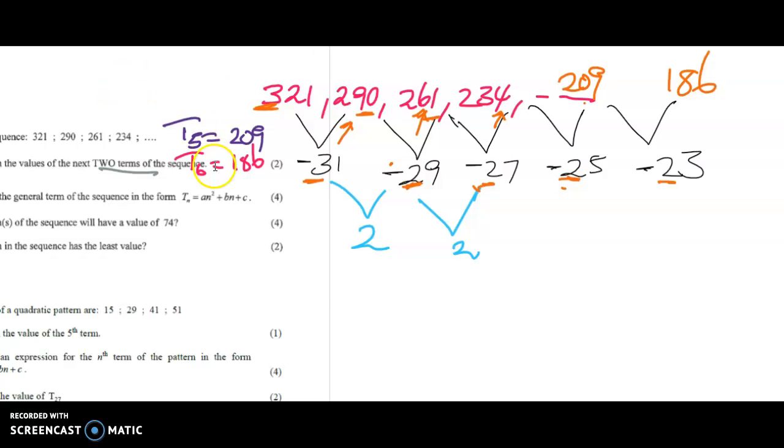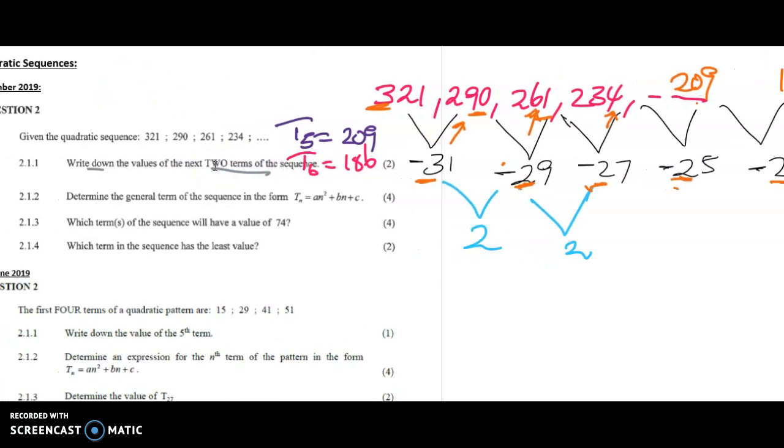Let me just return to the questions. Okay, so the second question requires us to find the general term for the sequence in the form of Tn equal to an squared plus bn plus c. So I'm just going to remove this for space because there's something I want to explain first.